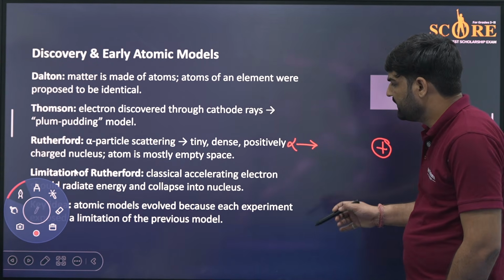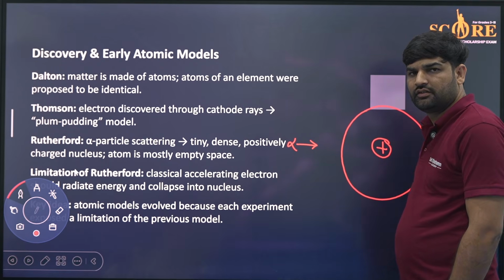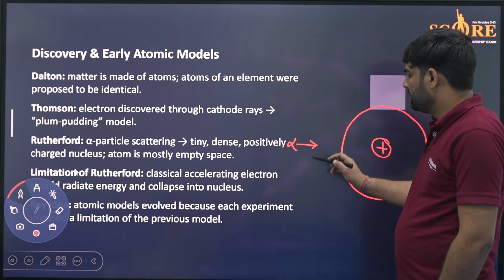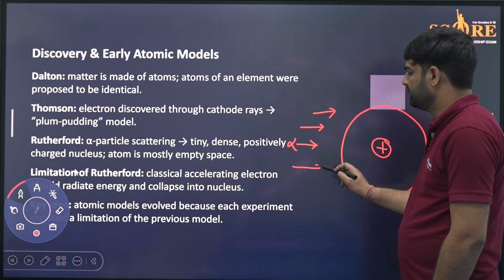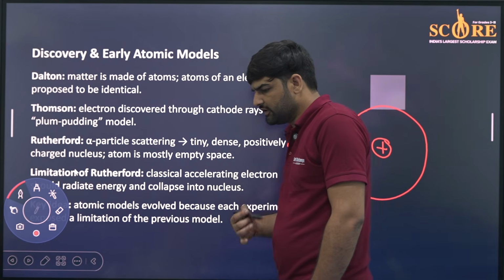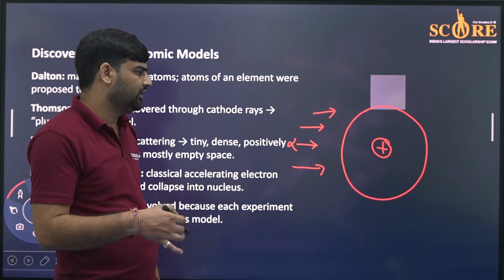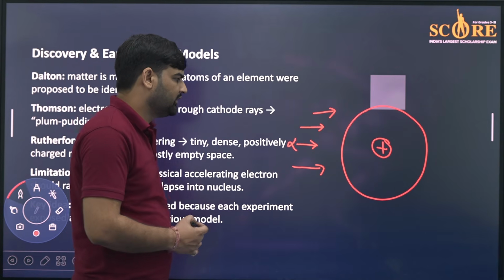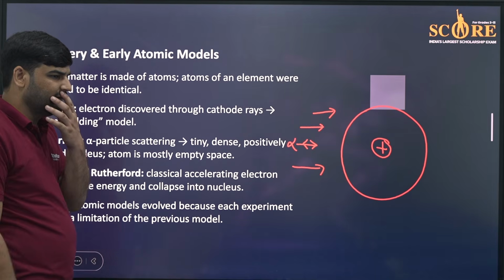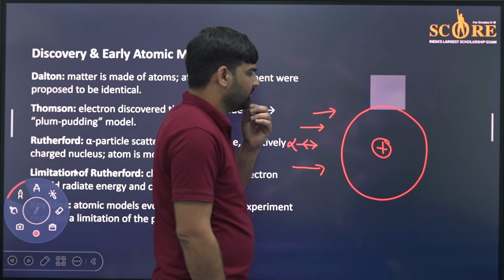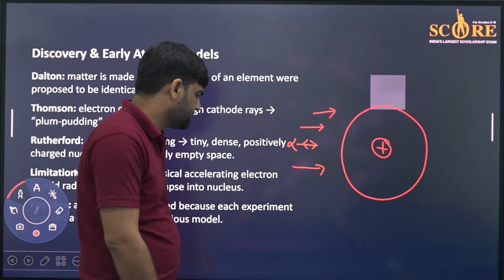When alpha particles pass through the atom, we see that most of the alpha particles go in a straight line without any deflection, some alpha particles deviate at some angle, and a very small number of alpha particles come back at 180 degrees. It means he concluded that a dense, positively charged material is present in the atom, known as the nucleus.